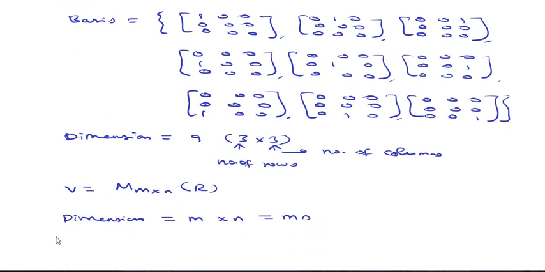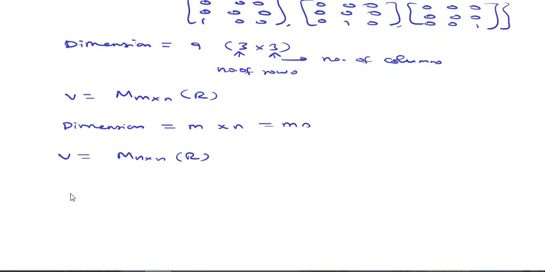Suppose the matrices are square, so V equals M n by n, entries are real numbers. Then the dimension is n into n, that is n square. So these are some examples related to finite dimensional vector spaces.